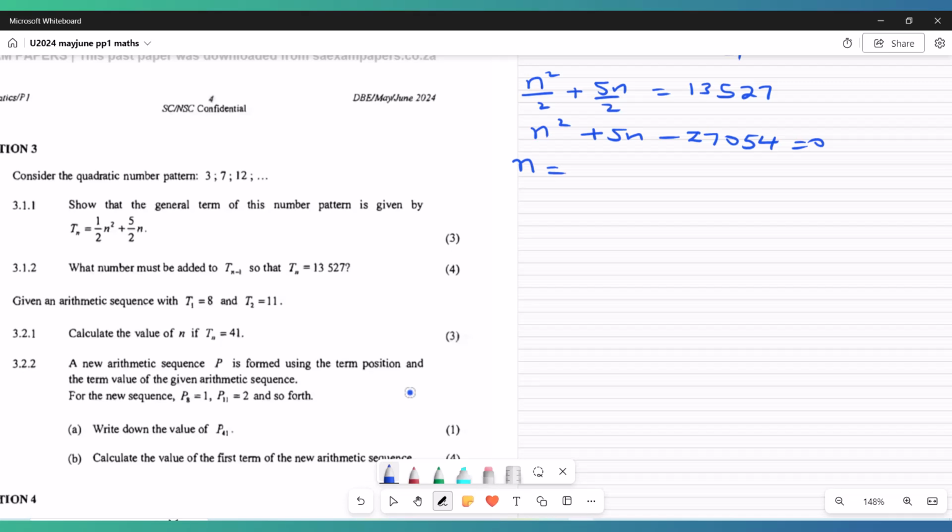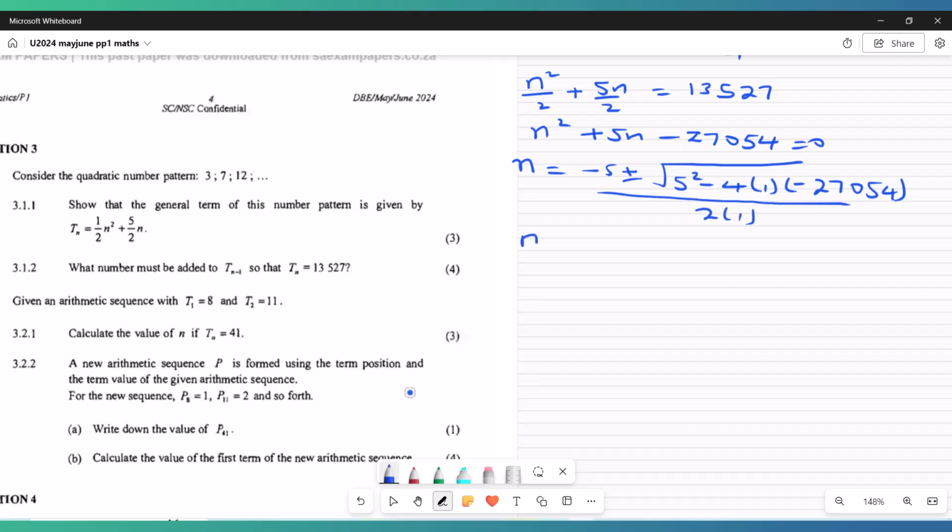is 5, and my C is on here. So minus B, so minus 5 here, plus or minus square root. Now my B is 5 again, 5 squared, minus 4AC, our A is 1, our C is negative 27054, divided by 2A, but our A is 1, so divided by 2.